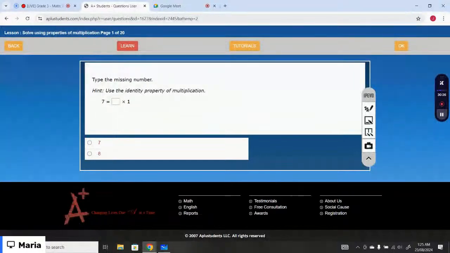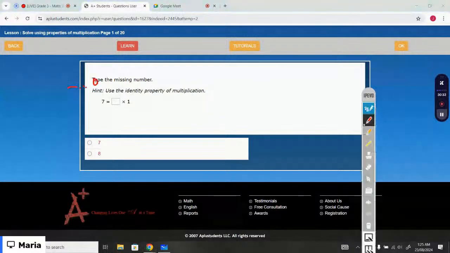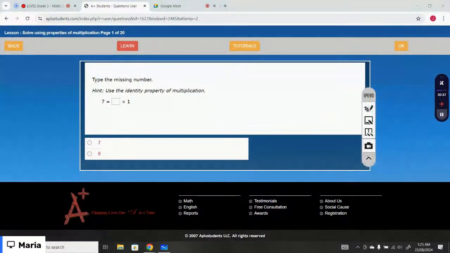Type the missing number. Use the identity property of multiplication. So basically, the identity property is whatever number you are multiplying with one, the answer is exactly the same number, right?